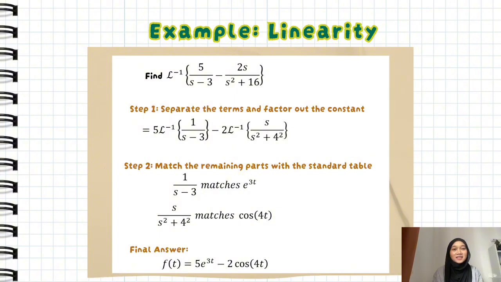Next, we match these components to our reference table. 1 over s minus 3 becomes e to the power of 3t, and s over s square plus 4 square becomes the cosine of 4t. So, putting it all together, our final answer is lowercase f of t equals 5 times e to the power of 3t minus 2 times the cosine of 4t.